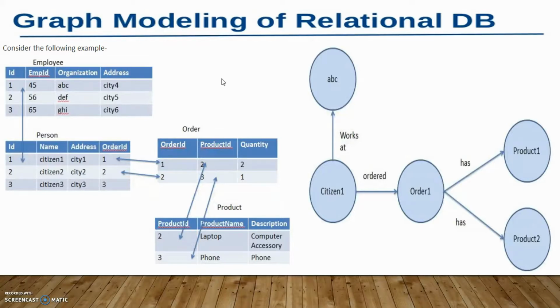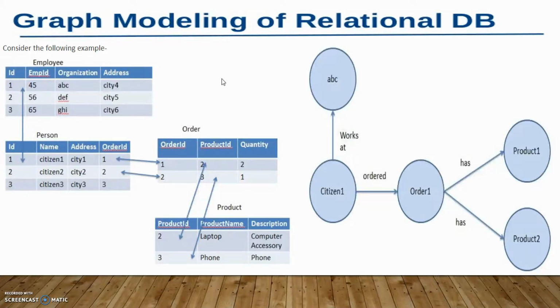Each table is linked with another with the concept of primary key and foreign key. These are the dependent relationships. If I need to find which employee uses which product, then I need to perform multiple join operations between these tables, and it will cost a lot of CPU and memory usage and the result is quite slow.